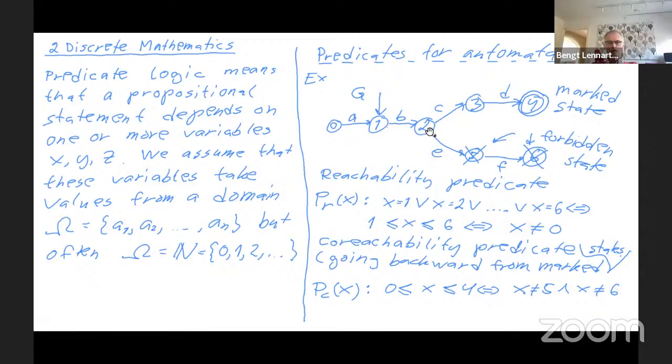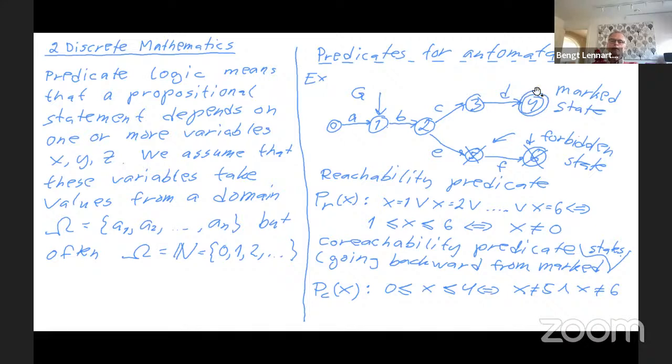But before that, we can just take a look at the structure here. We can see that from state 1, we have a transition to state 2, as well as 3, followed by 4, or we can go to state 5 or 6. Now you see that I also introduce some additional properties on these states.